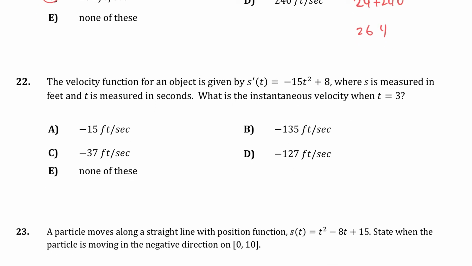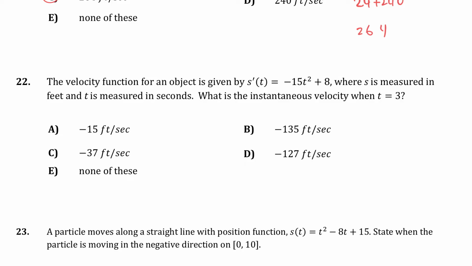Here's another, number 22. The velocity function for an object is given by s prime of t. It's measured in feet and t is measured in seconds. What's the instantaneous velocity when t is equal to 3? Well, all we have to do is just plug 3 into that. Instantaneous velocity, you might as well just call it velocity.